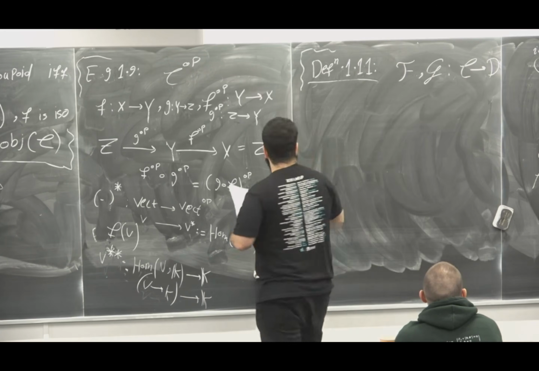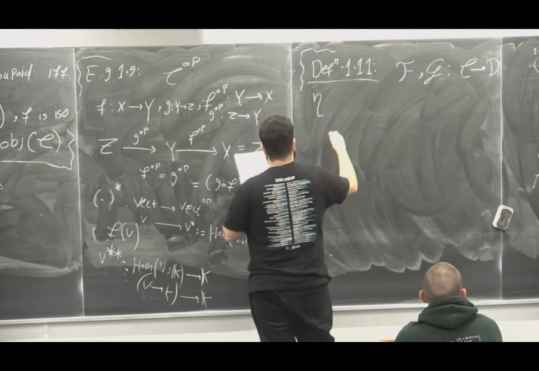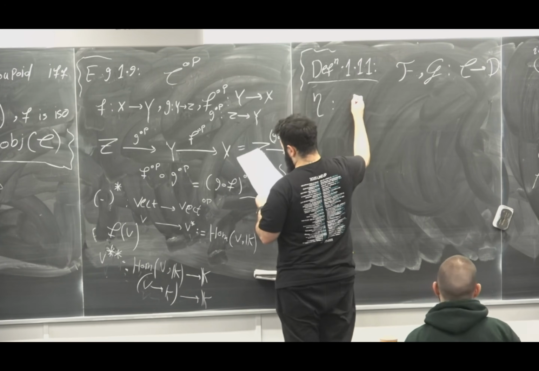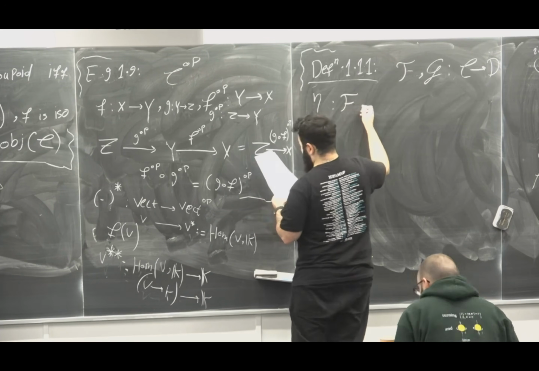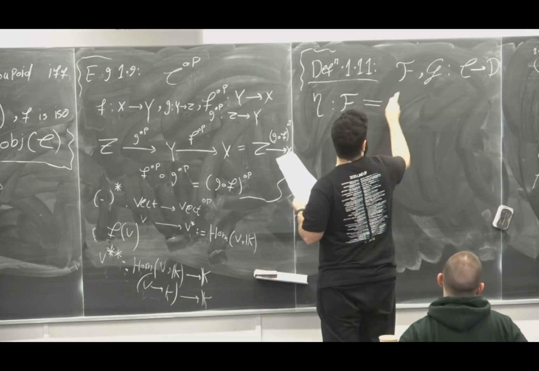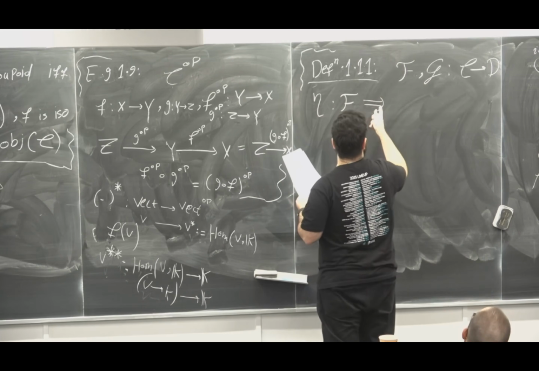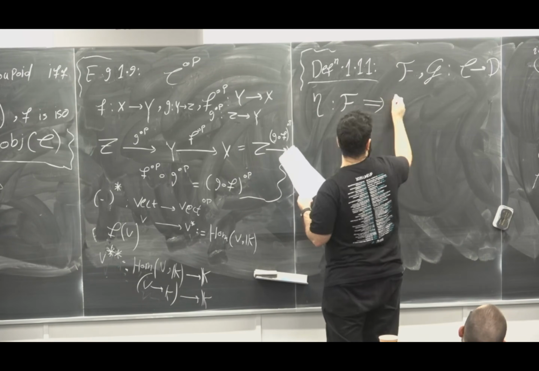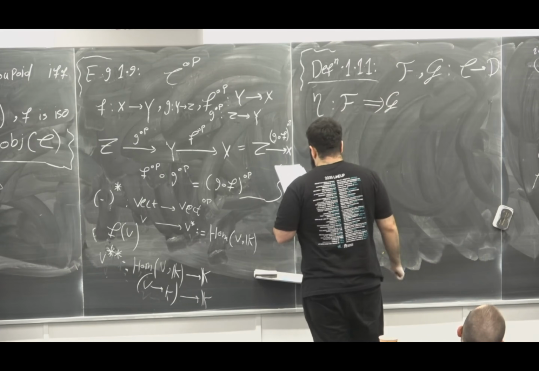A natural transformation eta maps from your functor to the other functor, denoted with this double arrow.